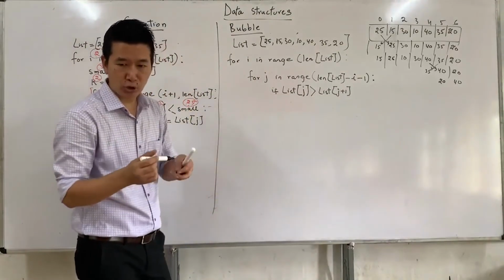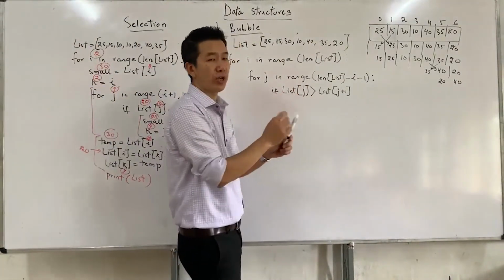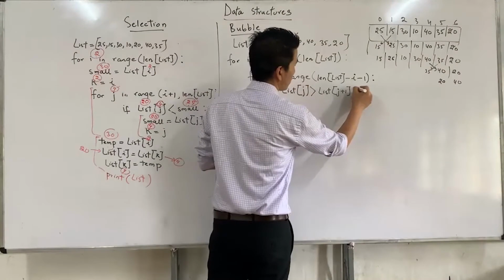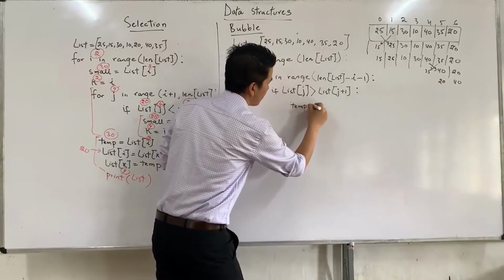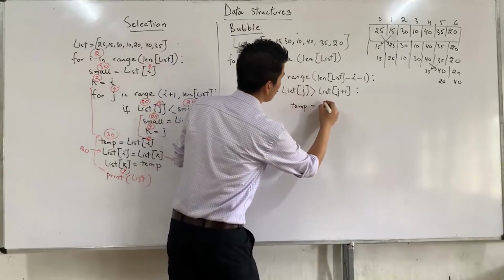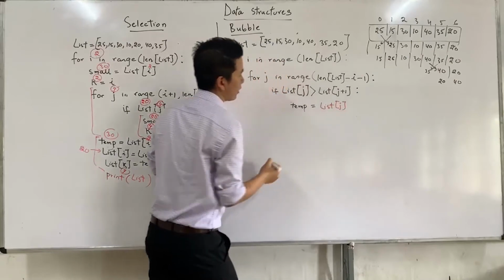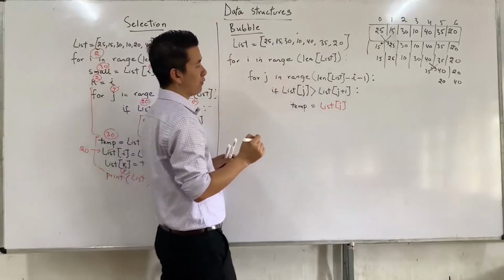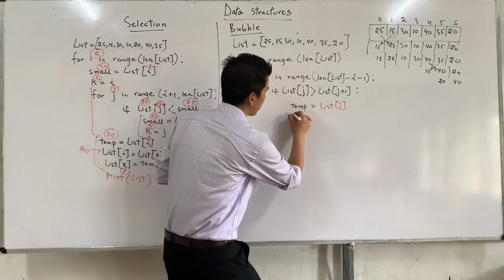So if the condition is true, then what I do is I change their places, right? So this is pretty simple. Why don't you take the help of temp is equal to list of j. This is how you interchange the cup of coffee and cup of tea using another empty cup.